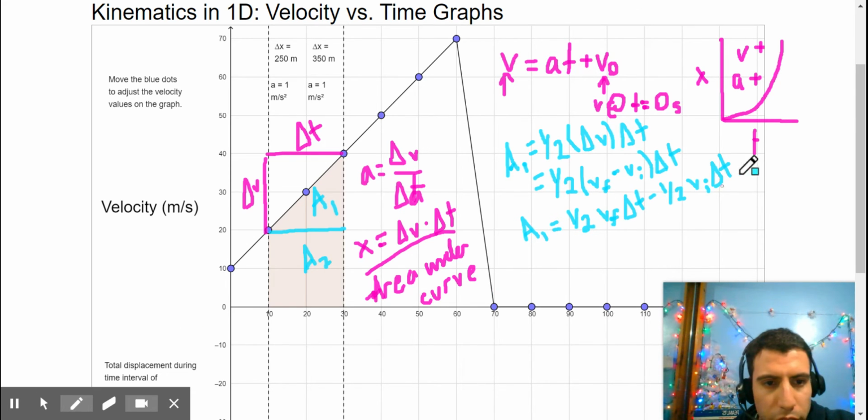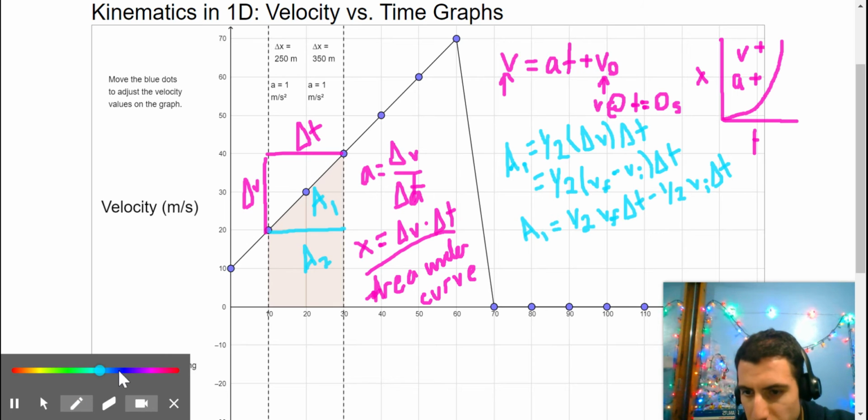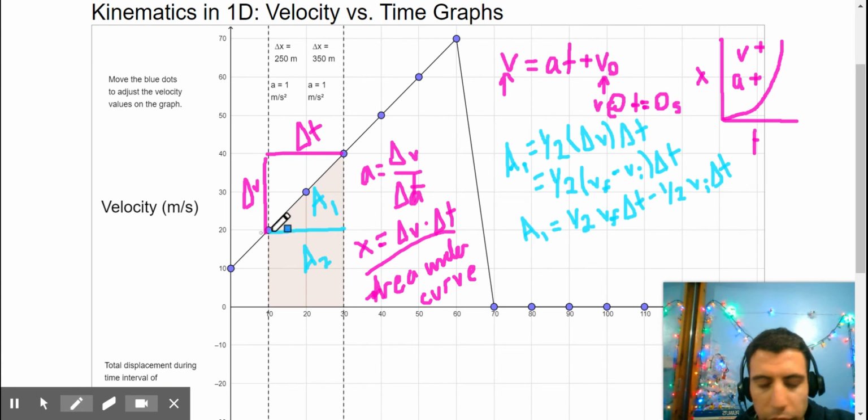This is actually not the hardest part. What's going to be harder is here. Now, we have to think about this carefully. In this small space, we have length times width. Width is not a problem. It's the length that will be. So we're going to make an assumption. This is delta V, and if you remember the definition of delta V, it's V final minus V initial.